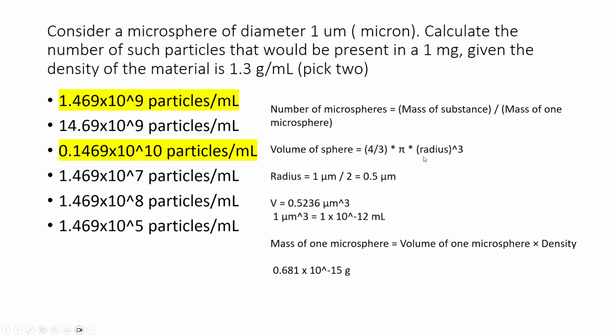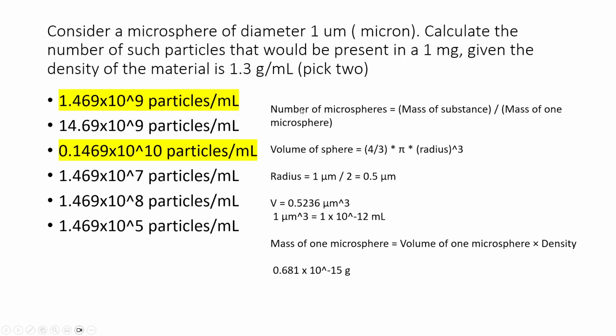So the volume of the sphere, you know, because you know the radius, and once you get the volume, you can convert the volume interchangeably. So one micrometer cube is equal to 1 into 10 power minus 12 ml. Once you convert that to ml, you also know the mass of one microsphere because you know the volume and the density is given.